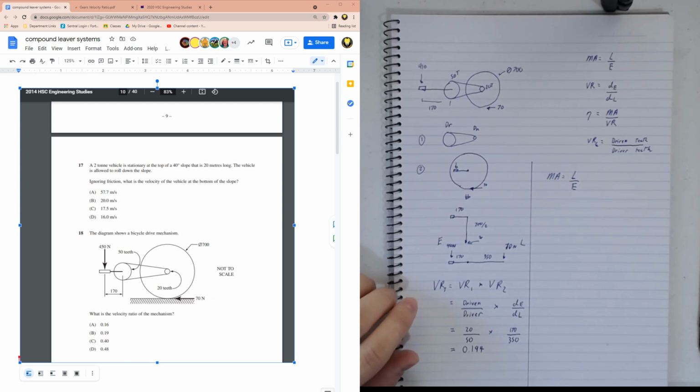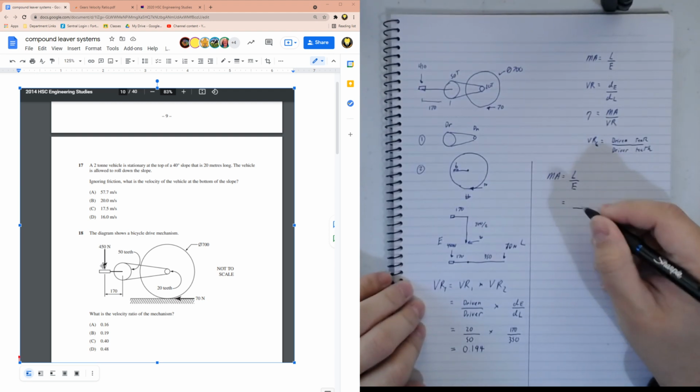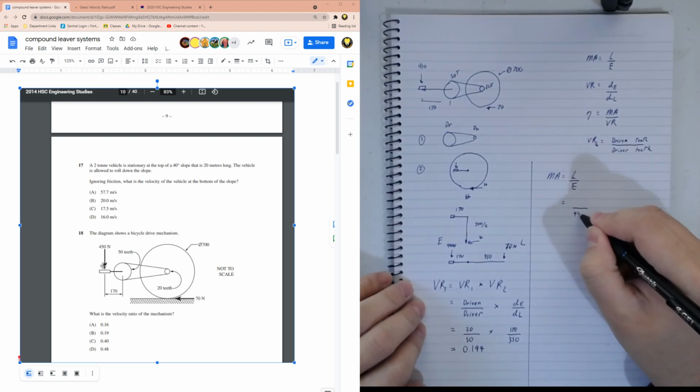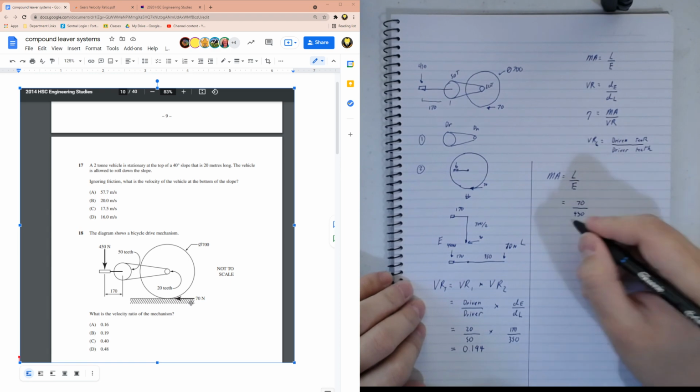We are lucky in this particular scenario that they've given us the load and the effort: 450 over here and 70 newtons over here. Where we're putting our pedal in is our effort, so that's 450, and then our load is our 70 over here.